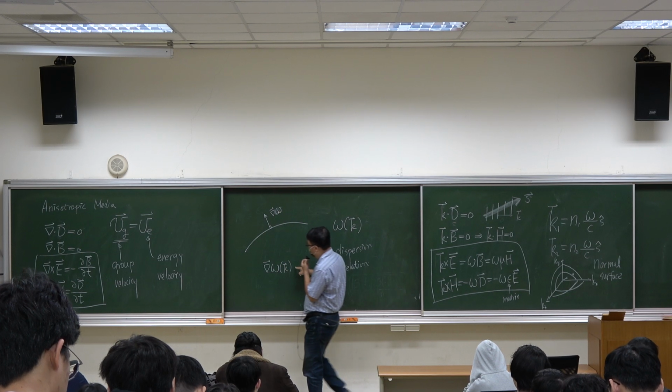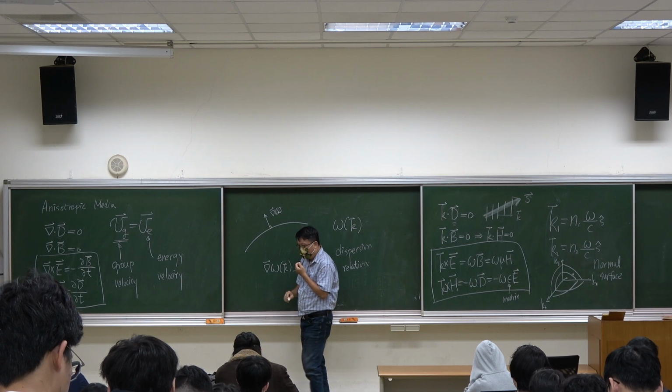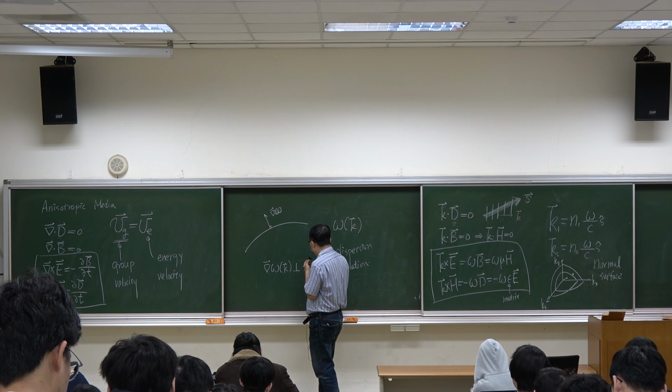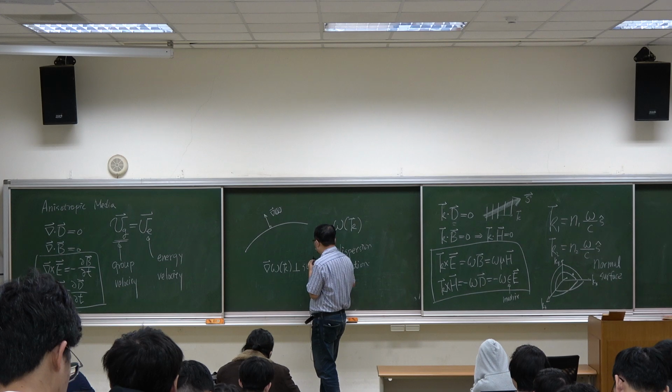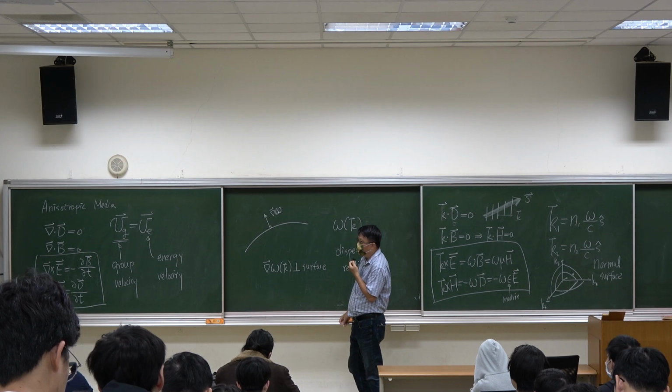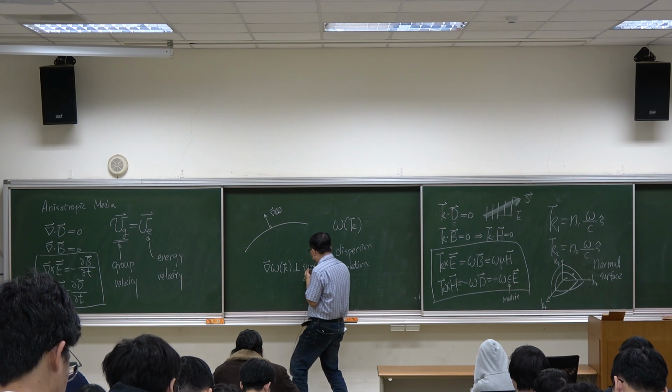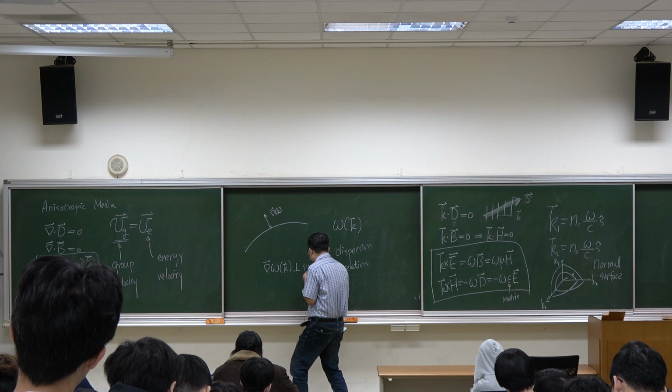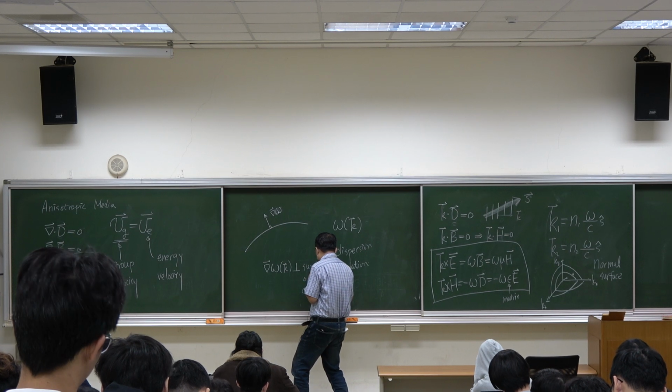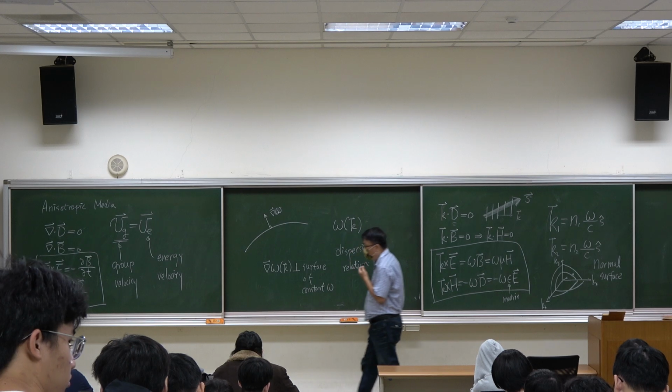Gradient omega is perpendicular to the surface of constant omega.